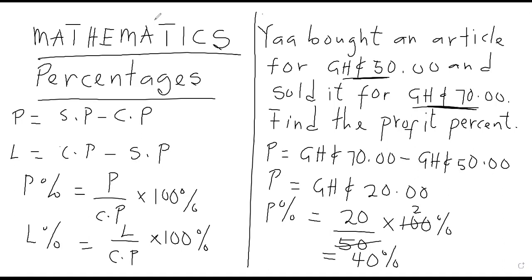When we are given the cost price and the percentage increase, and you are asked to find the selling price, or when you are asked to find the cost price, when any of the parameters are given, how will you go about that? How will you be able to manipulate such a question?